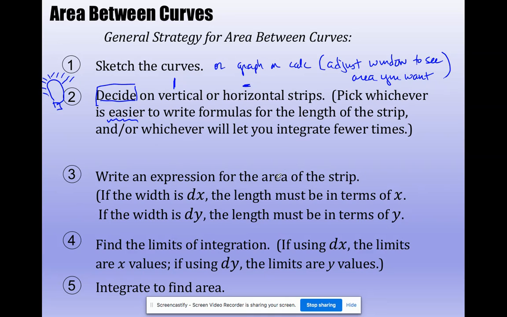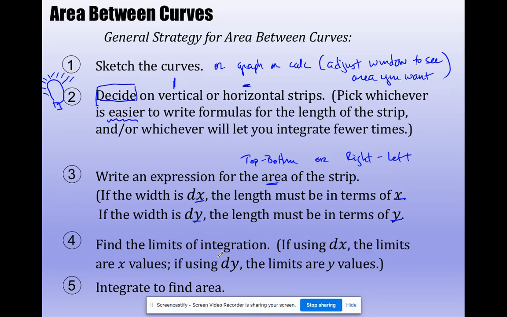Then you write an expression for the area of the strip. So that is either top minus bottom is your expression, or right minus left. Don't forget to match your variables everywhere in the function, in the bounds.